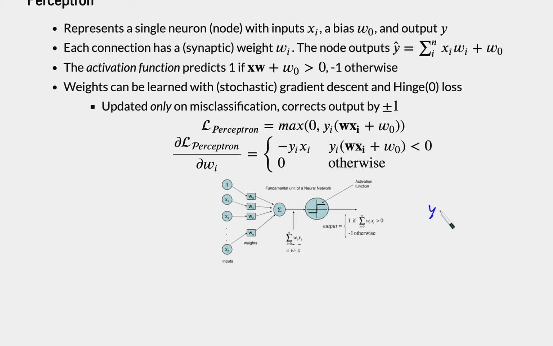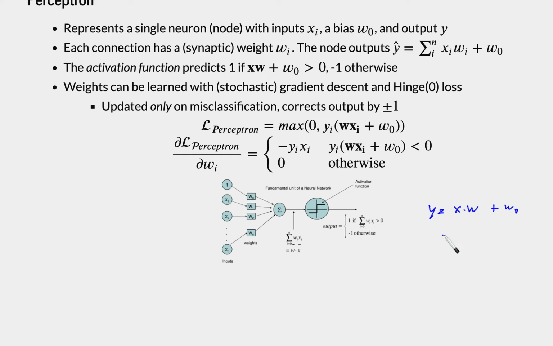So y equals x times w, that's the dot product, plus w0. Right. Now, if we make a mistake, we will update this weight.